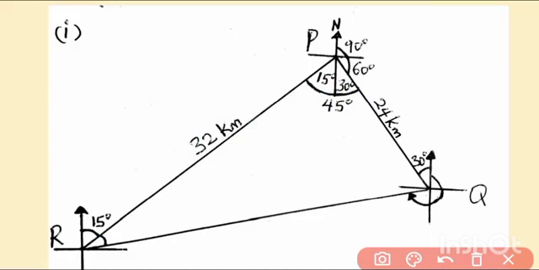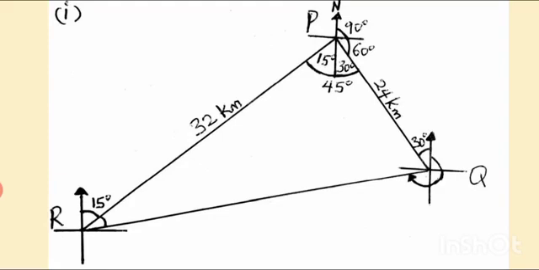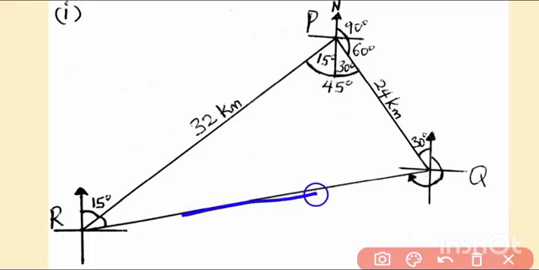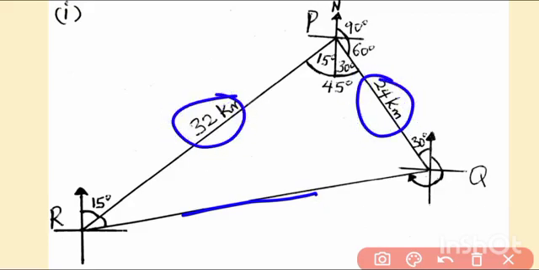Now the first thing we have to calculate in that question is the distance RQ to two decimal places. Let's see how we do this. Here we have angle 45, so definitely we are going to use the cosine rule. For the cosine rule, when you have a triangle like this, we can say the square of this side equals the square of this side plus the square of this side, minus 2 multiplied by this side and this side, cos the angle facing the side we are considering.